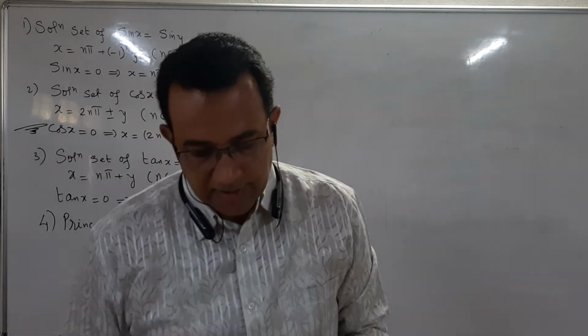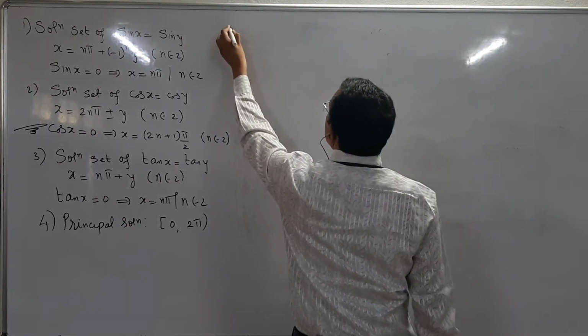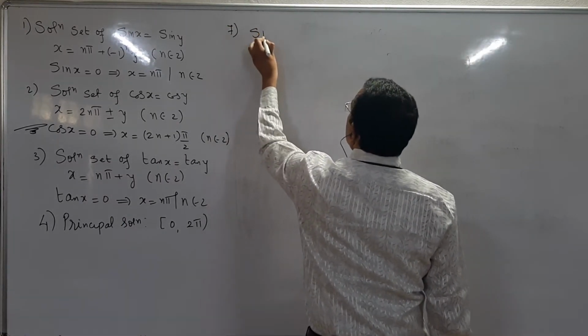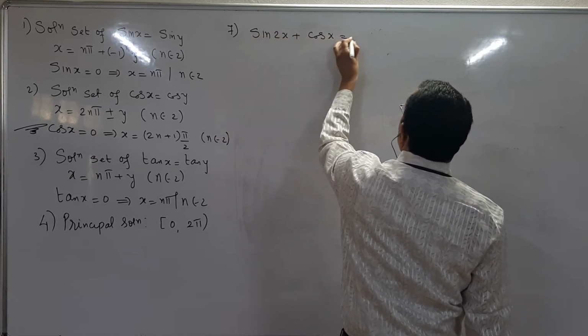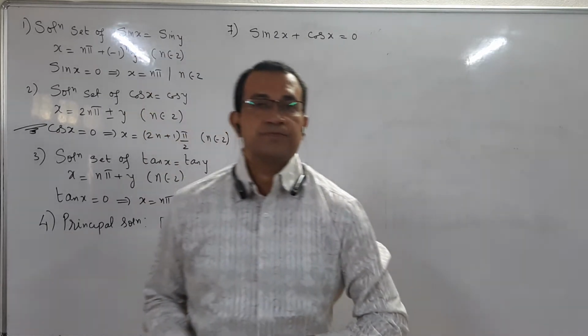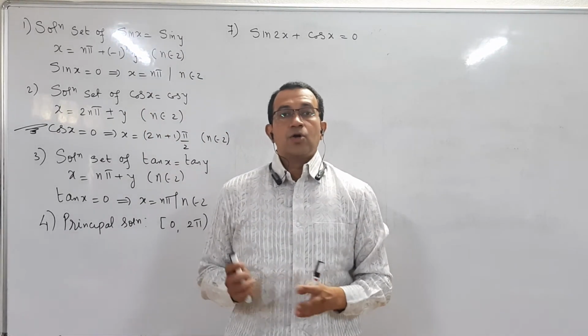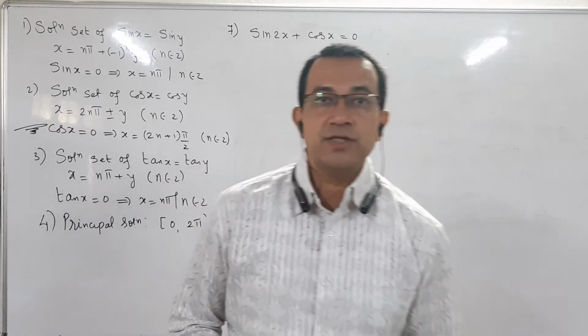Seventh sum: sine of 2x plus cos x is equal to 0. Okay. So we have two functions in the same equation.